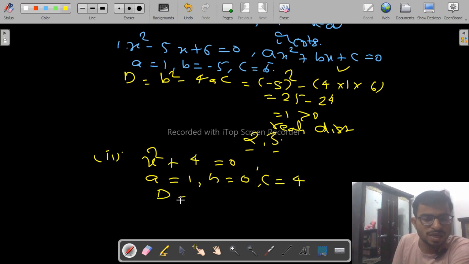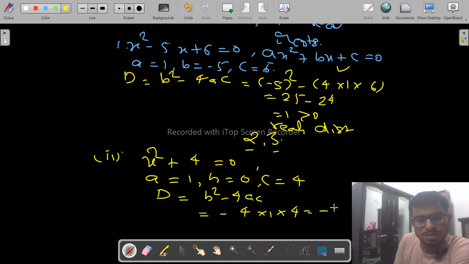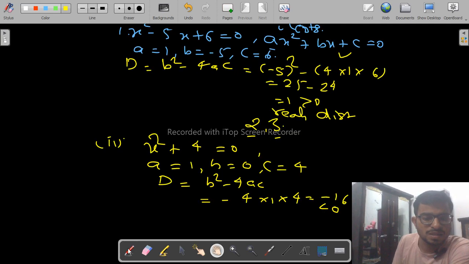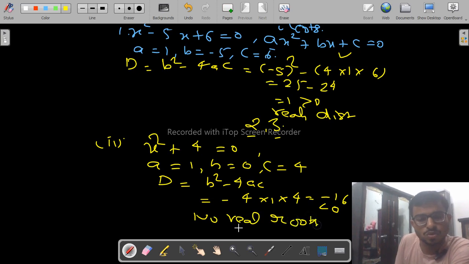So when you find the discriminant, b square minus 4ac, since b is 0, this is going to be minus 16, which is less than 0. This means in this case the equation will have no real roots. It will have imaginary roots.